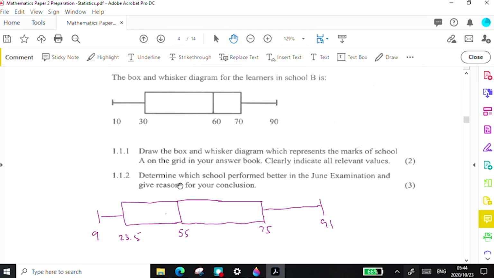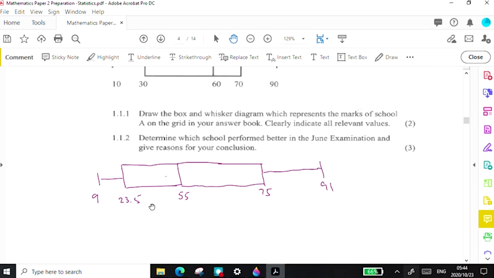So this is our box whisker plot, with the minimum being equal to 9, the first quartile 23.5, the second quartile 55, the third quartile 75, and the max 91.